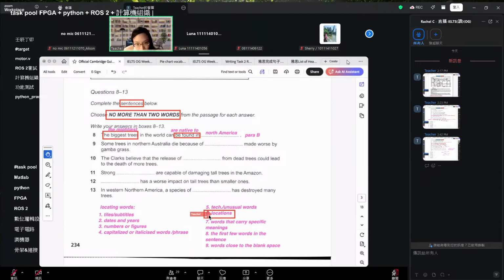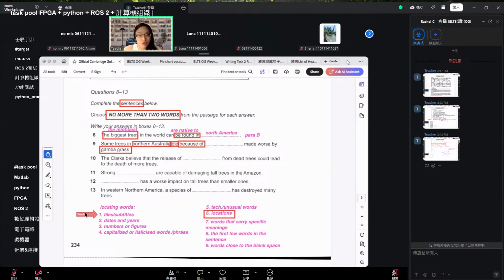Very straightforward. Now, moving on to number 9, some trees in northern Australia. Again, it's about locations. For the locating words, northern Australia, die because of the reason why they could not survive, made worse by gamba grass. Do you remember they mentioned the gamba grass? Gamba grass was referring to titles or subtitles or words that carry specific meaning, number 1 and number 7, right?